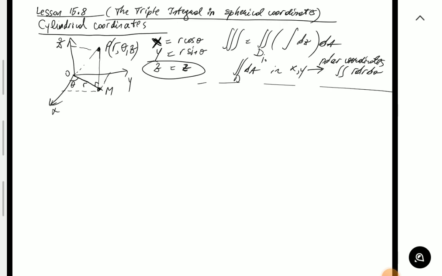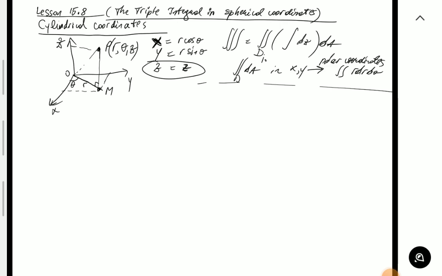So if you use cylindrical coordinates and apply Fubini's theorem, you typically do the innermost integral in terms of the Cartesian coordinate, in this case z, and then you have another double integral to compute, which becomes a double integral in polar coordinates in the other two variables.